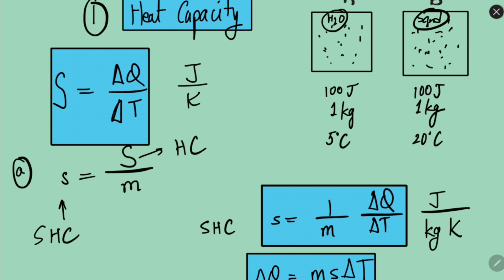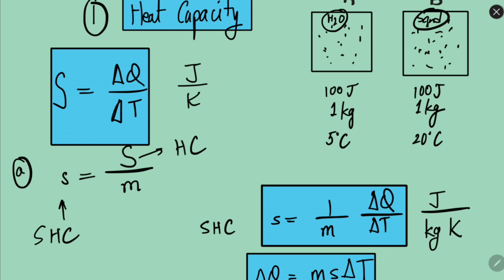It will not be that both have a similar increase in temperature. It may happen that the sand's temperature increases by 20 degrees Celsius and water's temperature only increases by 5 degrees Celsius. Do not take these values literally, these are just for understanding.